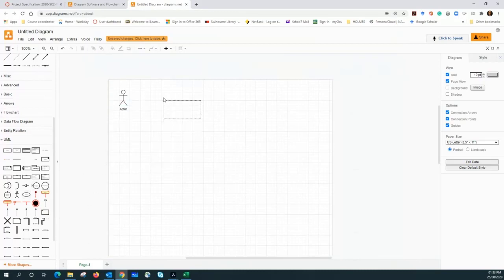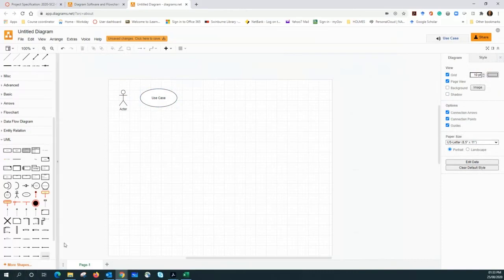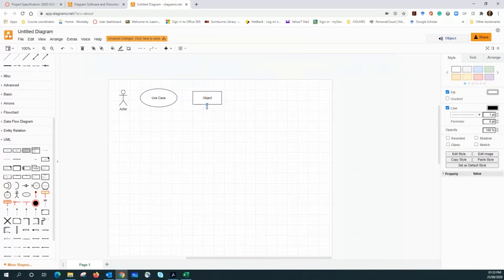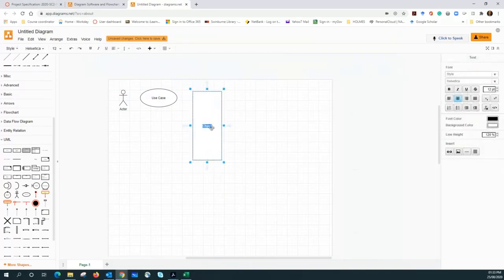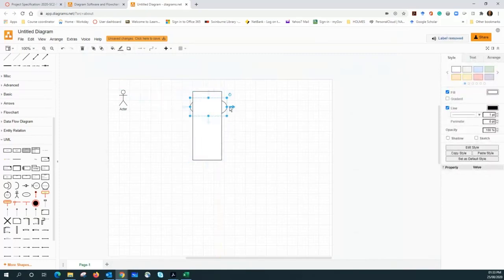Okay, so this is the use case symbol. We need that one. And maybe I can take this one to show the boundary, so I can remove this and place the use cases. Can I place the use cases here?